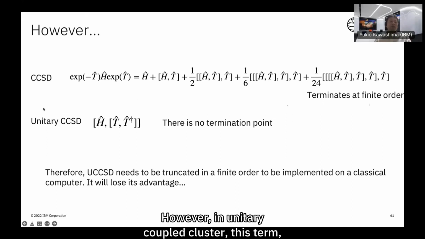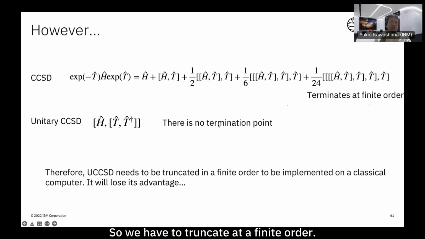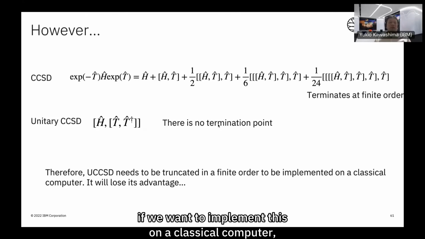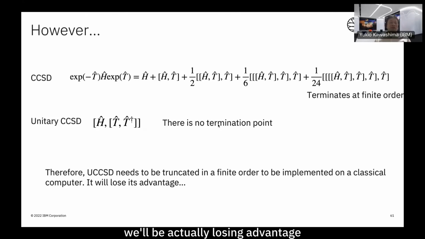However, in unitary coupled cluster, there's no termination point, so we have to truncate at a finite order. What that means is that if we want to implement this on a classical computer, we'll actually be losing the advantage of unitary coupled cluster.